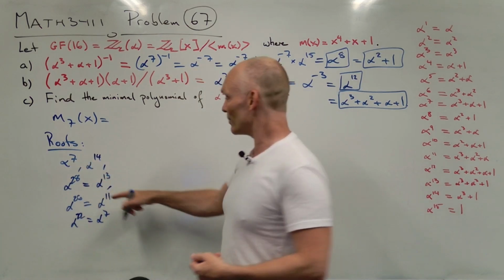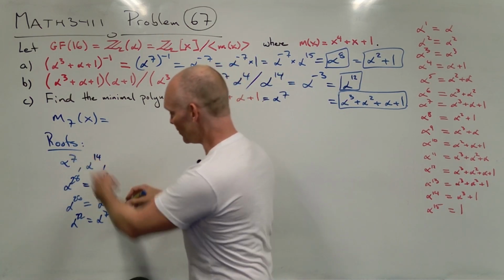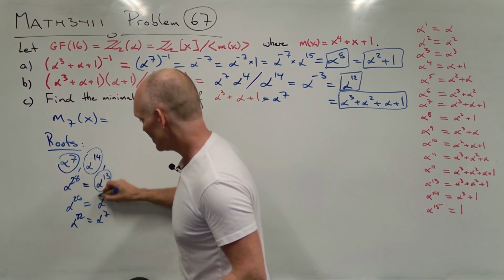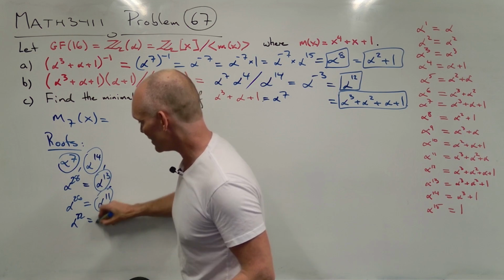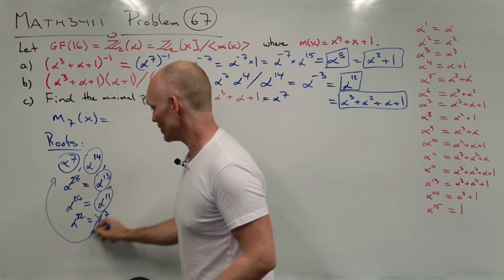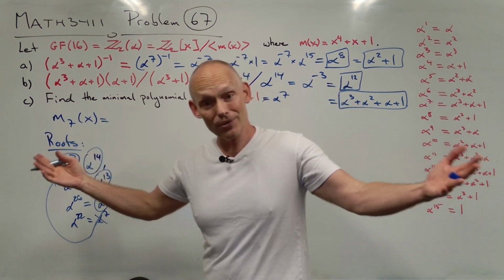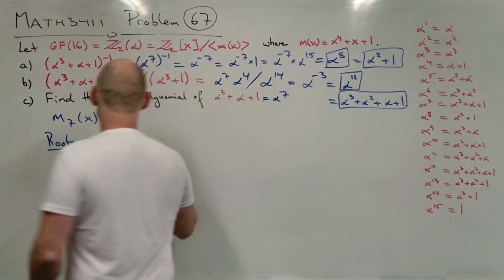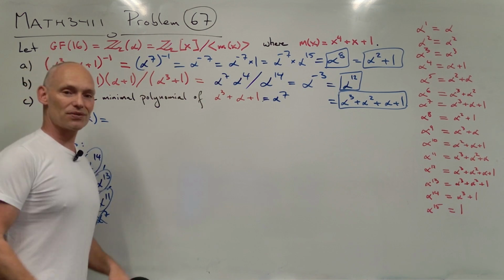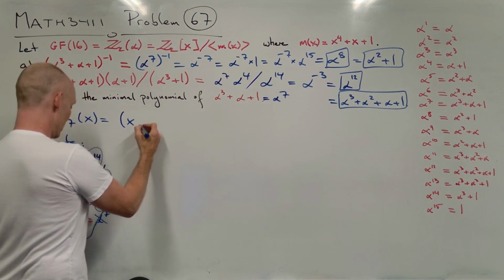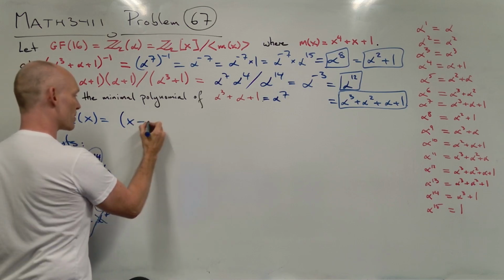And wait a second, now we've got a root that we had before. So we've got 1 root, 2 roots, 3 roots, 4 roots, and this is the same root as this one here, so we don't need to go on. We've found 4 roots. Cool. Now, by a theorem that we had in the notes, the minimal polynomial is just the product of these expressions: x minus each of these roots.